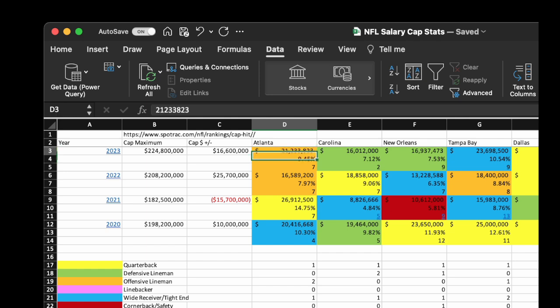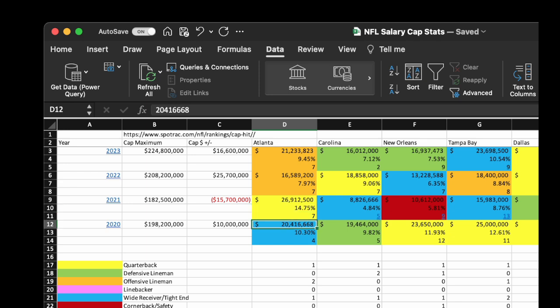So for Atlanta, the highest cap hit was 21,233,823, which consisted of 9.45% of the salary cap. And the third row is the number of wins in that year. And the same thing goes: highest paid player dollar amount, the percentage of the salary cap, and then the number of wins.